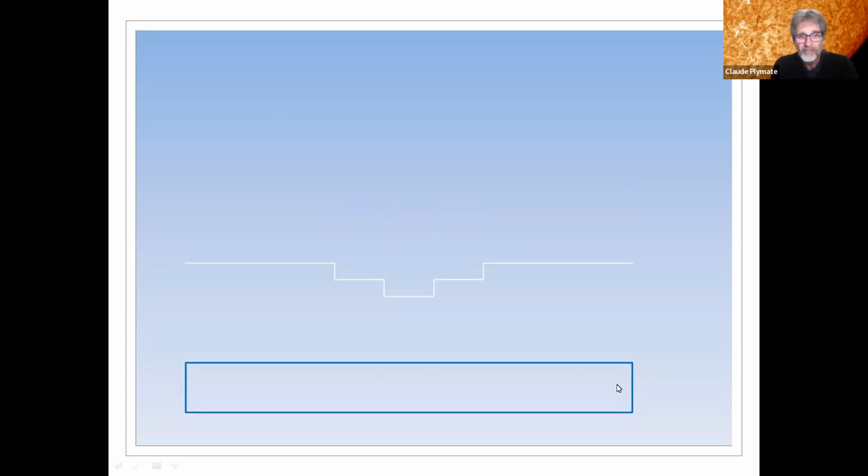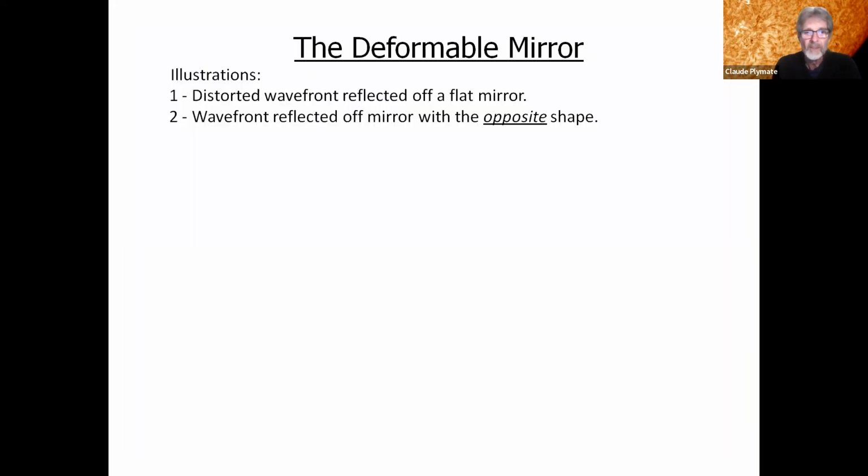Now, of course, I think you can figure out what's going to happen: that aberrated wavefront reflects off that mirror surface with precisely the same aberration as it started with, just inverted, the mirror image, so to speak. But we didn't really alter it in any way.